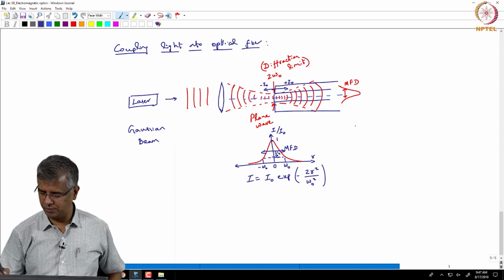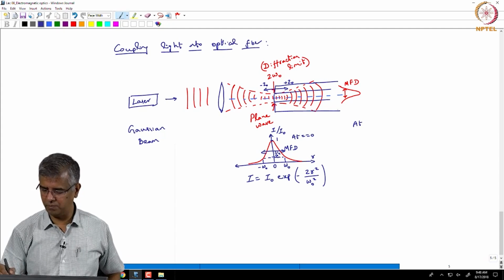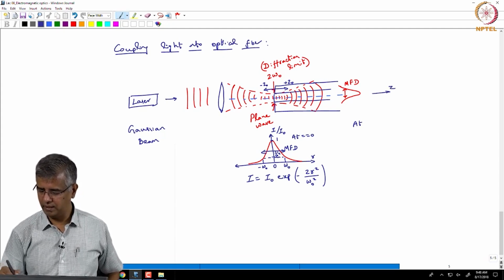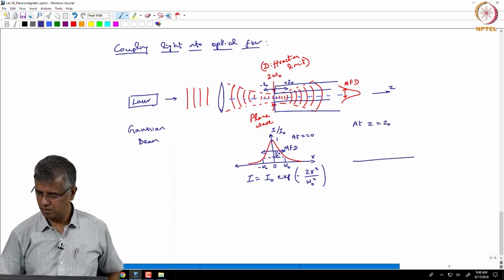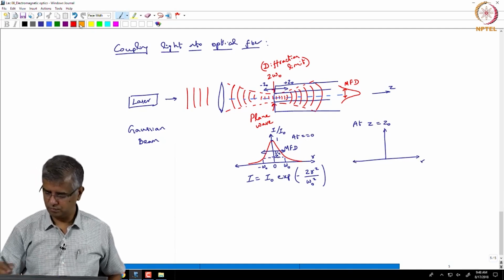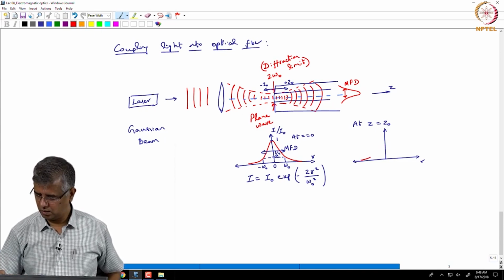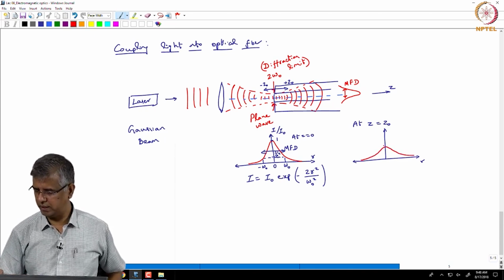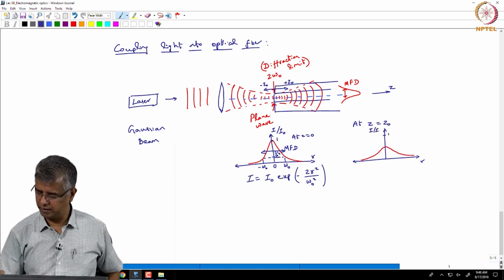The Rayleigh range is defined such that at z equal to 0, where z is this direction, the intensity is like that, and at z equal to z naught the overall intensity pattern takes a value, taking I over I naught, of 1 at the center and half at z naught.